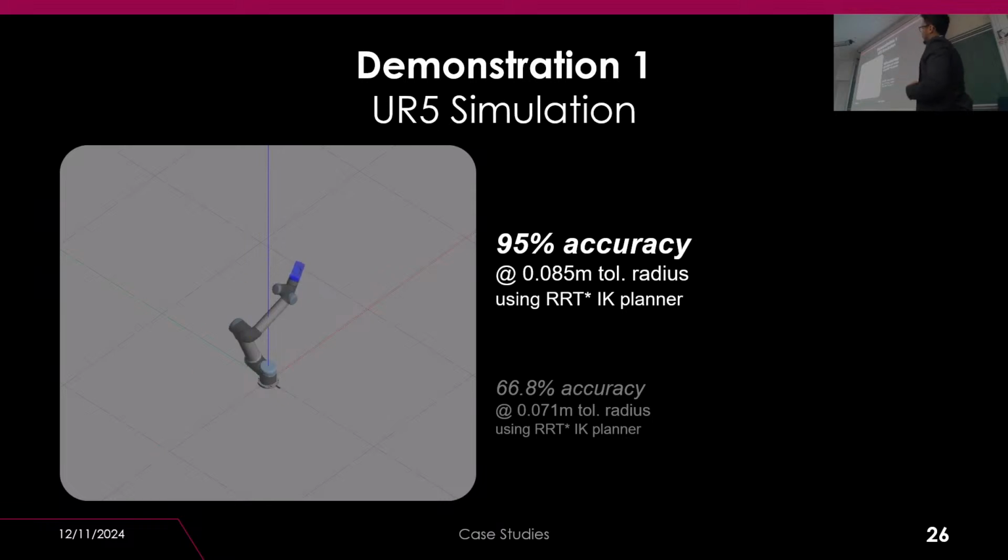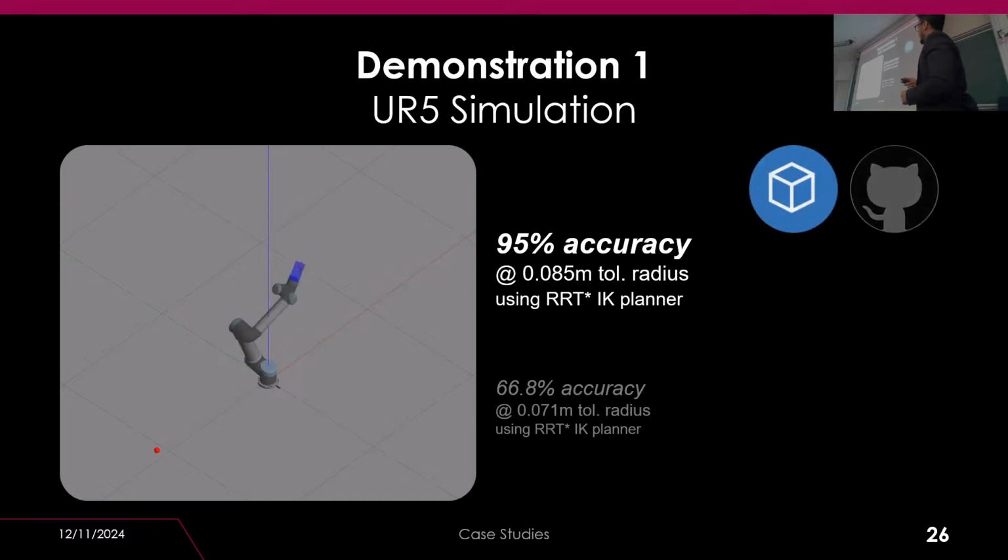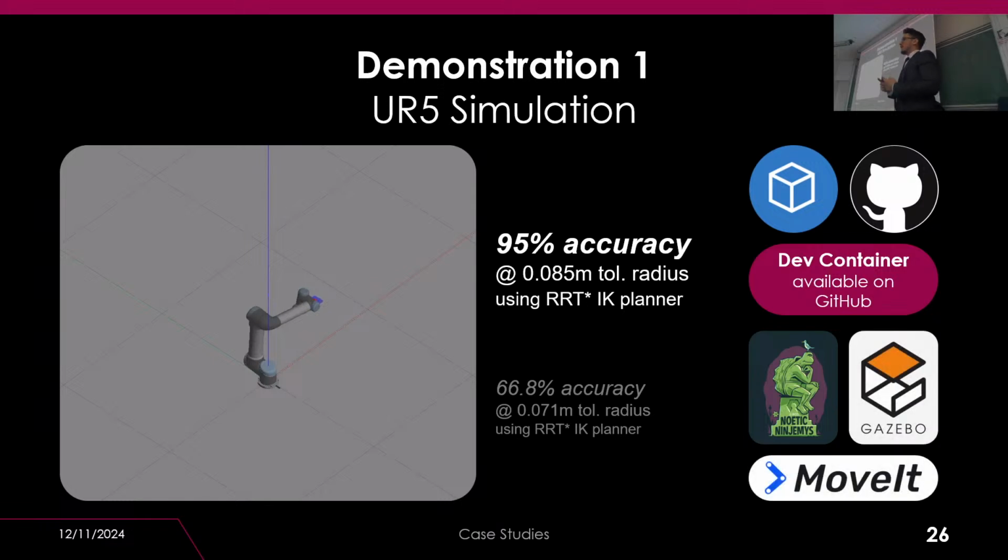After 100 reconstructions, 100 executions, the robot manages 95% accuracy, considering a tolerance radius of about 8.5 centimeters. This was made using the RRT star inverse kinematics planner from the movie package, and this simulation can be found online on GitHub for you to reproduce and adapt at will.